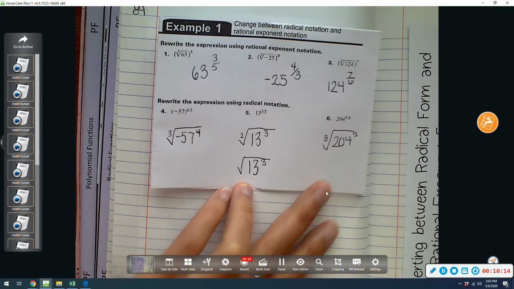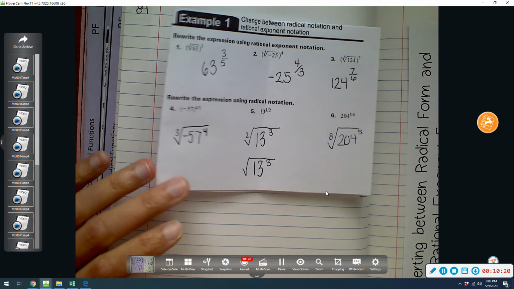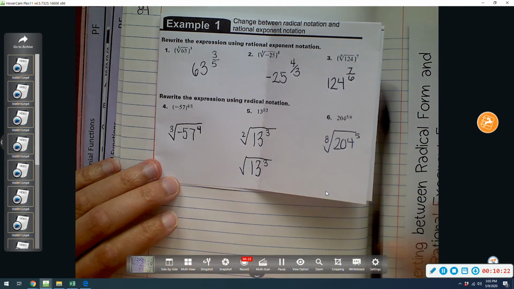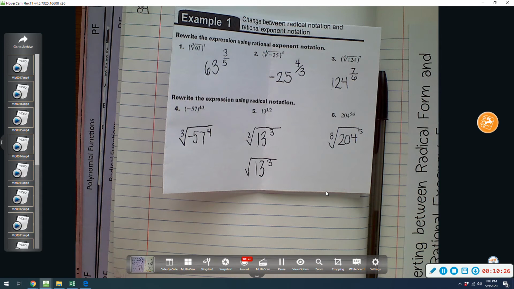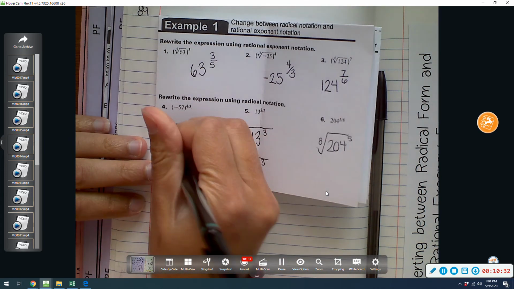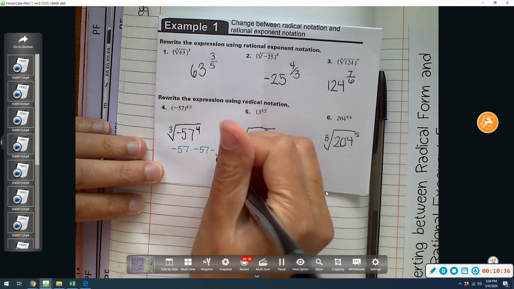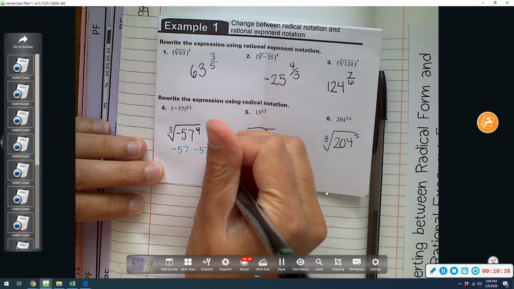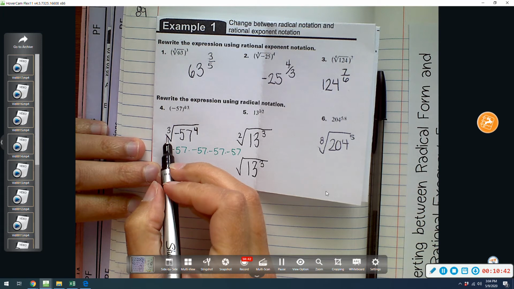Now here's where things can get real interesting, because we also know how to simplify roots. When I go back and look at that first one, it was making me a little uncomfortable to leave it that way, because when it says 57 to the 4th power, that really means I have 4 negative 57s. And if I'm taking the cube root, then I'm looking for groups of 3.